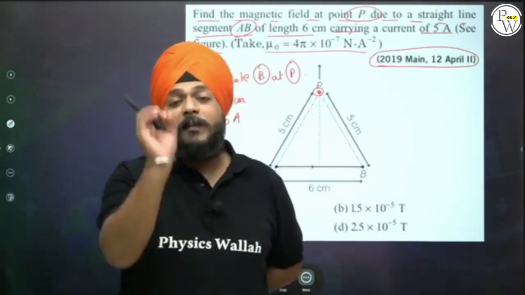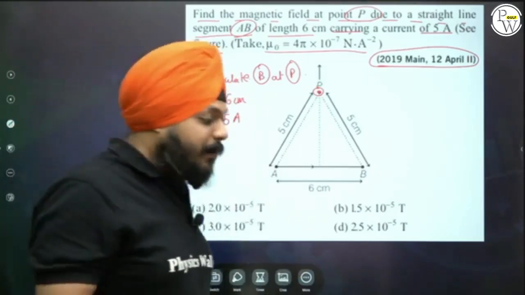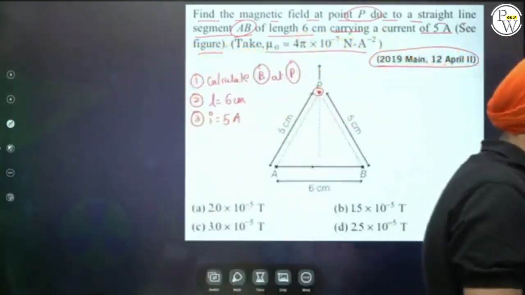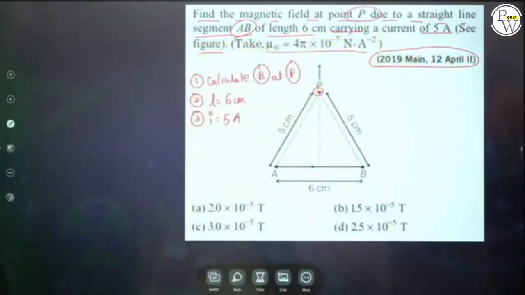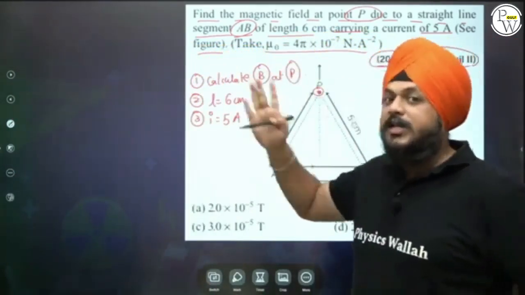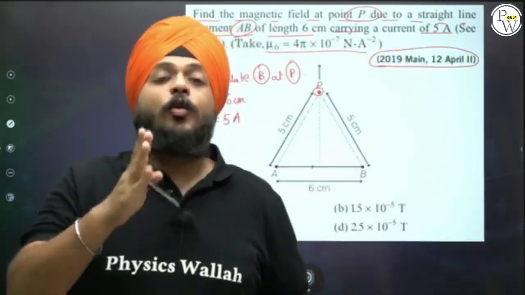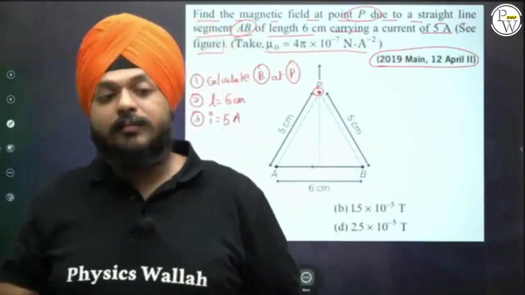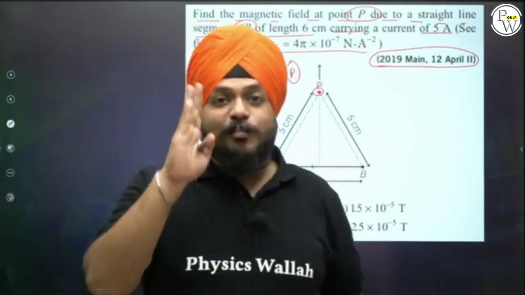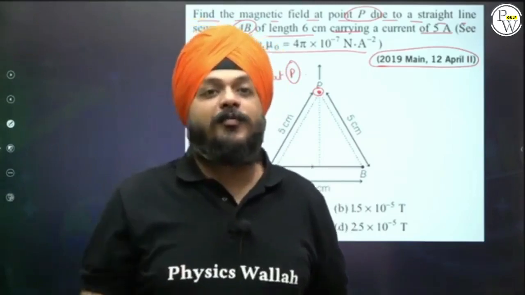So what will be the trigger point to solve this question? I'm going to give you all a minute, but before that, we are going to discuss the trigger point. By seeing this data and what we need, immediately we should get a click that we are going to follow Biot-Savart's law, one of the most important general equations that we have seen before.